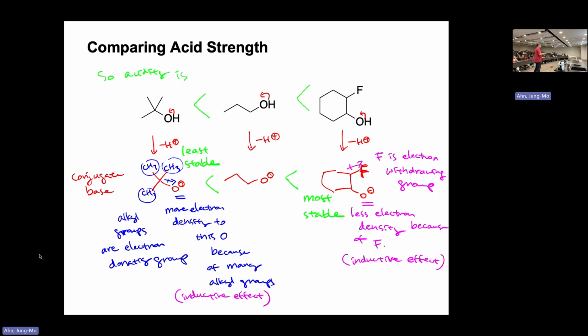And then, of course, the one with more carbon chain is the one being punished by having too many electron donating groups. So this is a subtle change or fine tuning of the acidity by the substituents in the molecule. So these are something called the inductive effect, something that you've got to think about.